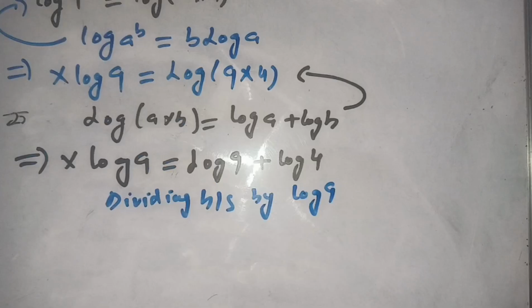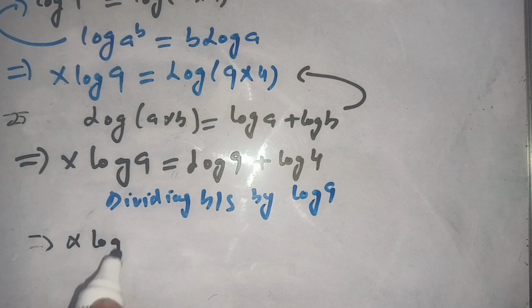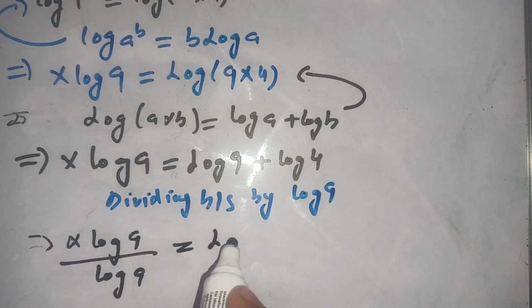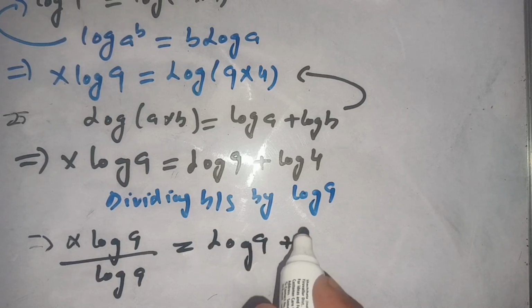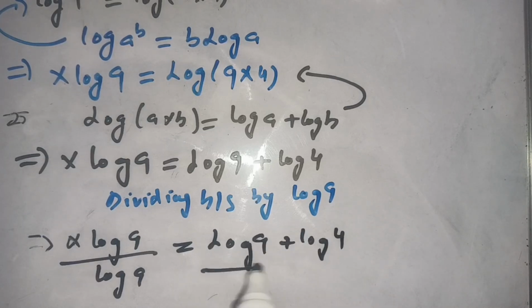We get x times log of 9 divided by log of 9 is equal to log of 9 plus log of 4 divided by log of 9.